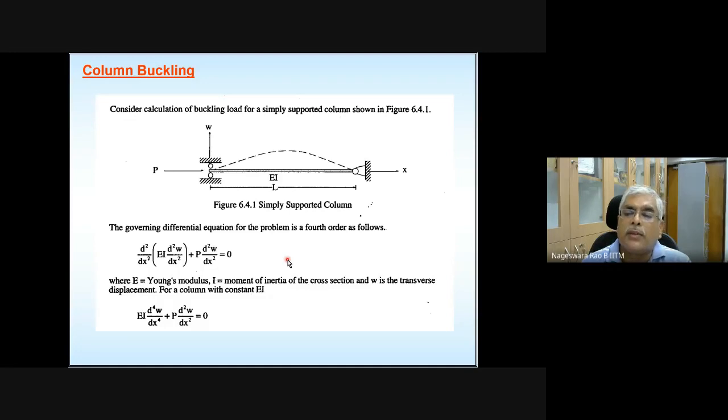And if EI, the flexural rigidity, is constant along the length of the column, then you can take EI out of the differentiation, and this equation becomes this one. So please take a note of this.